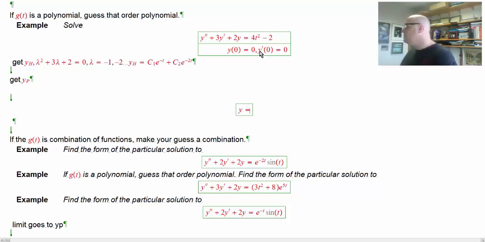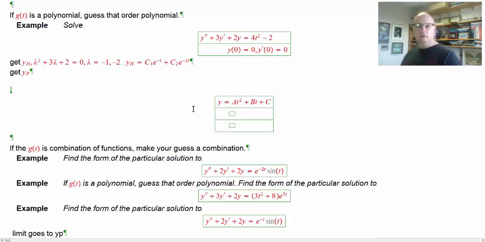What people tend to do here is guess at squared plus b. Of course, this is second order, so I need to guess the most general second order: at squared plus bt plus c.